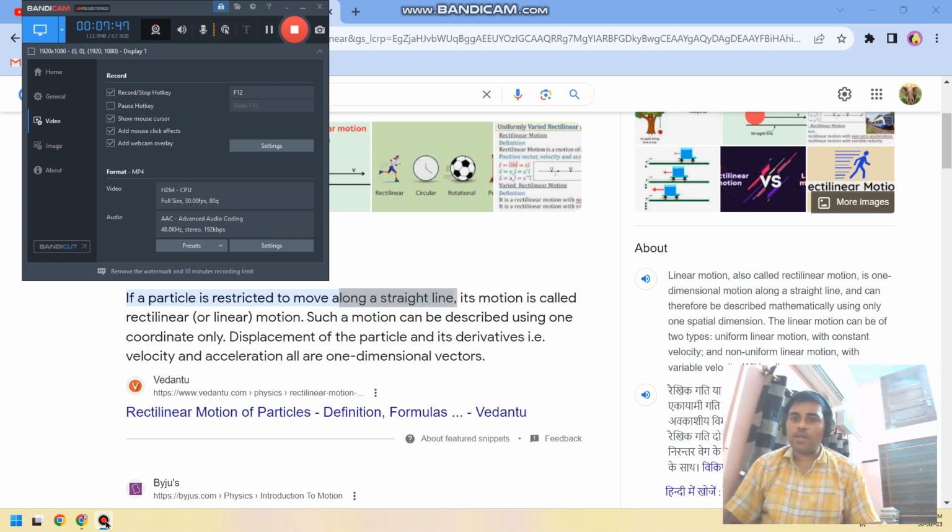Now we know that for this short distance, gravitational force does not change. That means acceleration will be constant. If acceleration is constant, then the derivative of displacement, that is velocity, and the derivative of velocity will be equal to acceleration.